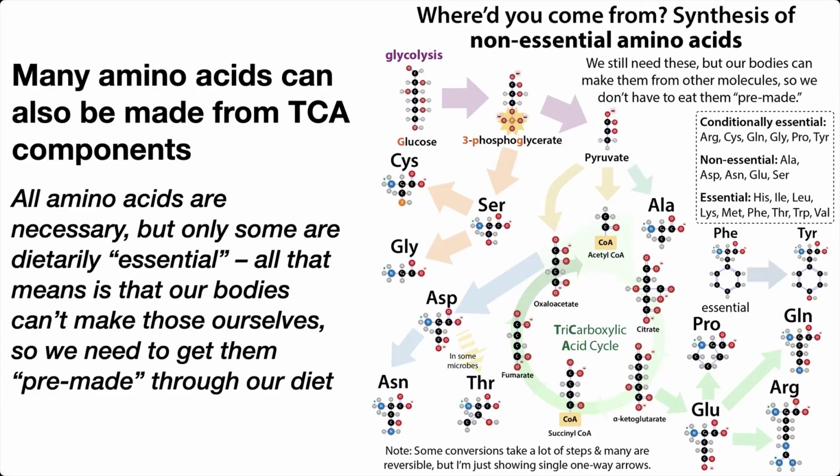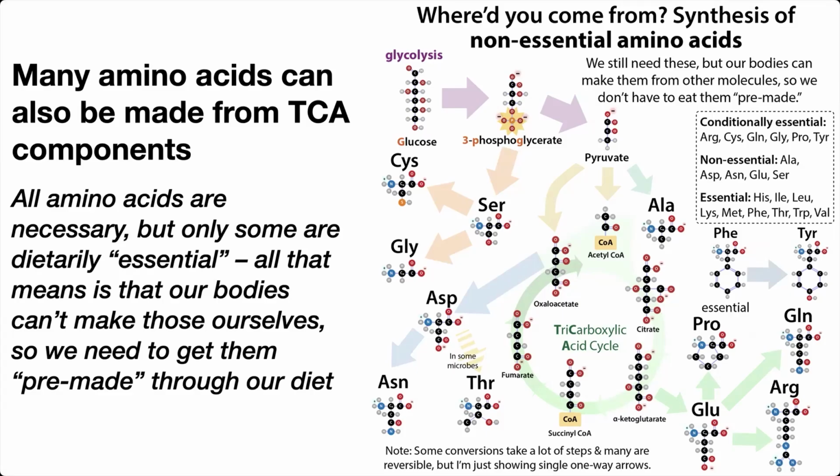We need all of our amino acids. However, only some of them are considered essential. All that means is essential in the dietary sense, meaning that our bodies can't make them from scratch ourselves, and so we need to get them pre-made through our diet. So that's all that's meant by essential. We can't make them from scratch, but we still need all of the amino acids.